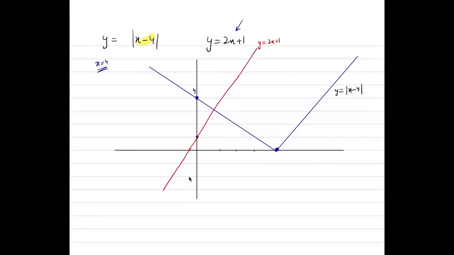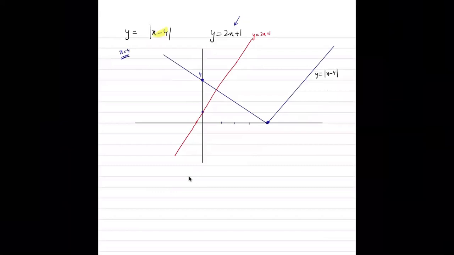Now, if I ask you to solve this kind of equation, mod of x minus 4 equals to 2x plus 1, would you agree that the solution to this is going to be the intersection of the two graphs? Yes. And you can see over here that there is only one intersection point.